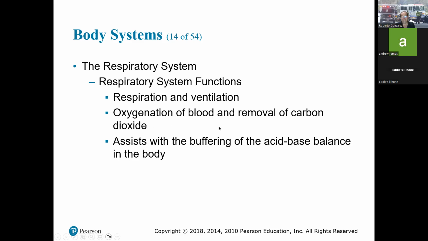Also oxygenation of blood and removal of carbon dioxide, and assisting in the buffering of acid-base balance in the body, which deals with your pH system and the hydrogen ions.